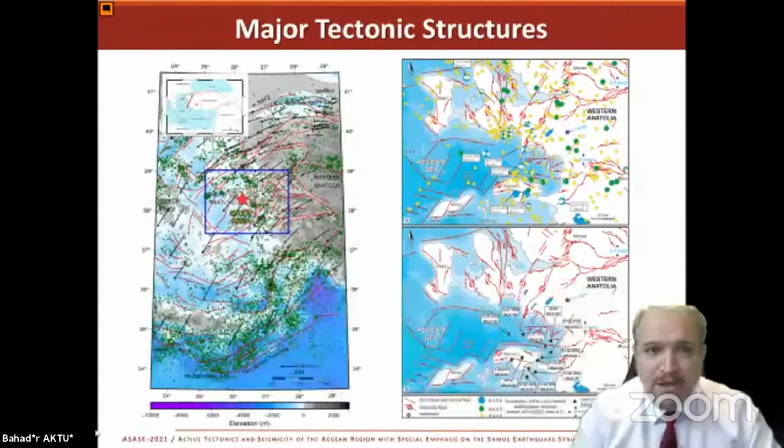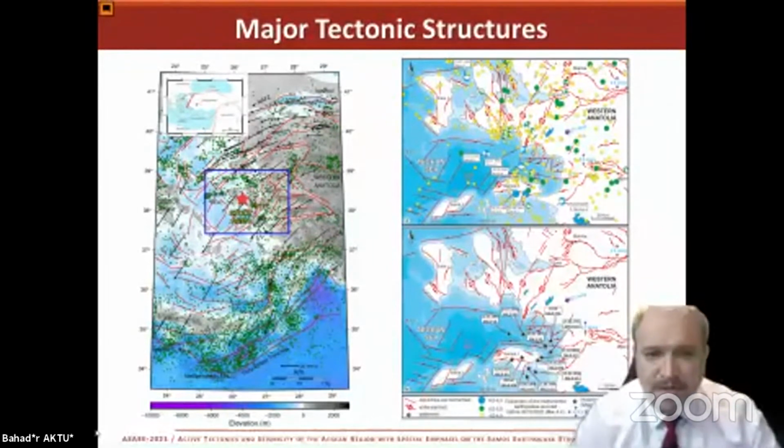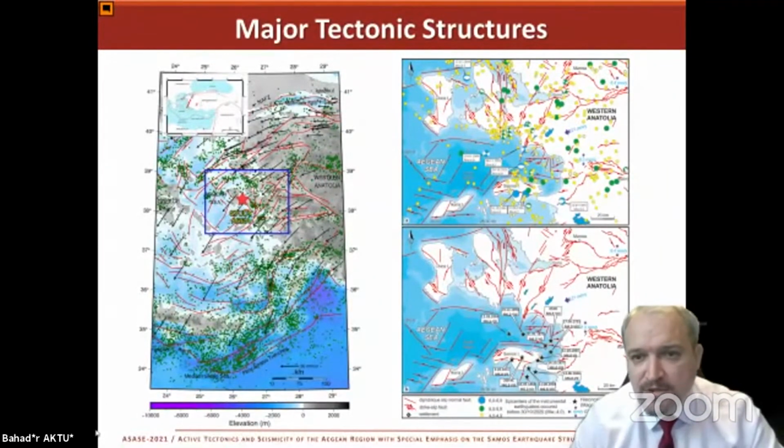You'll see the area of interest at different zoom levels, and the fault lines and delineations come from different sources in the literature, about 20 different sources. The offshore delineations are mostly based on seismic profiles, and onshore, some faults were obtained from the active fault map and many other literature studies.